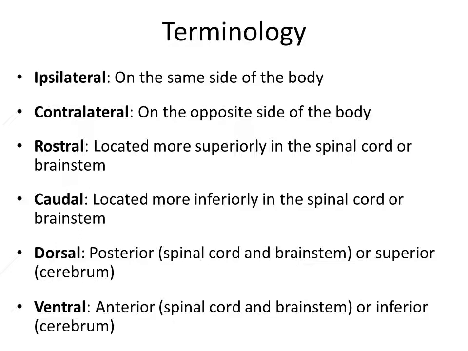Rostral means to be located more superiorly, whereas caudal means to be located more inferiorly. We don't use the terms cranial and caudal because the brainstem is already within the cranium. So rostral and caudal are the terms that you will see used when referencing the brainstem and spinal cord.